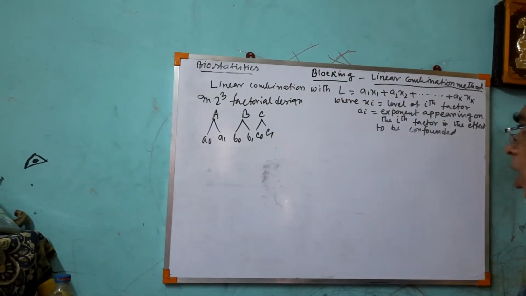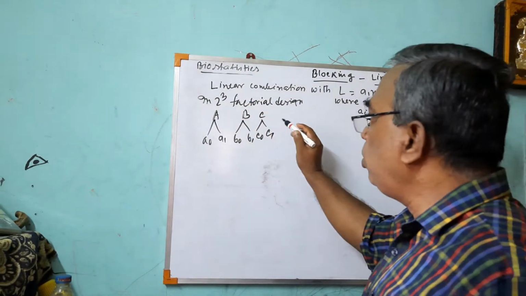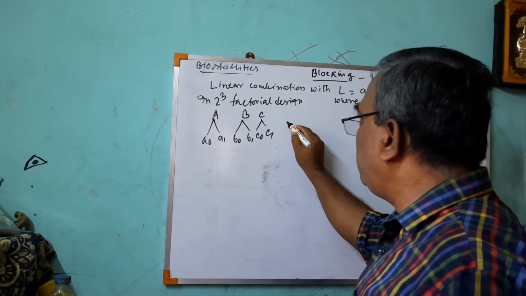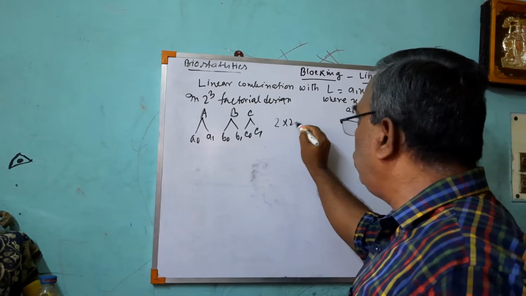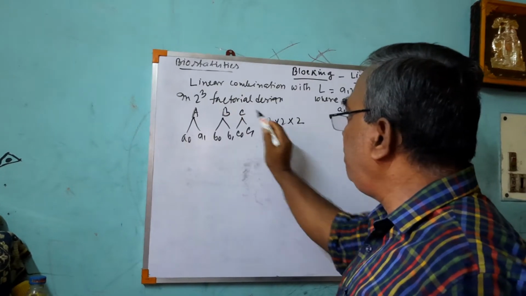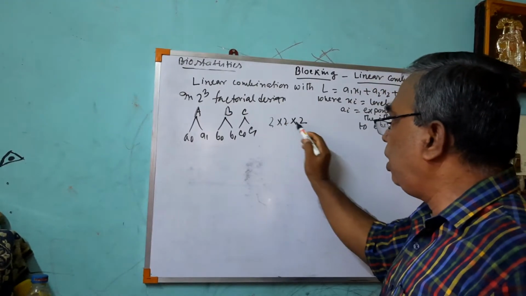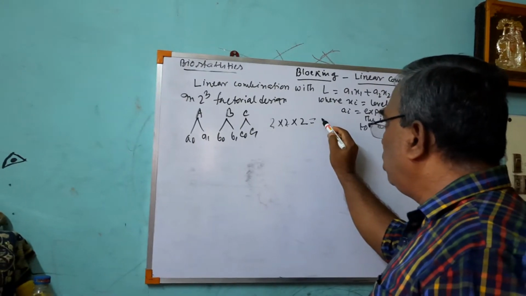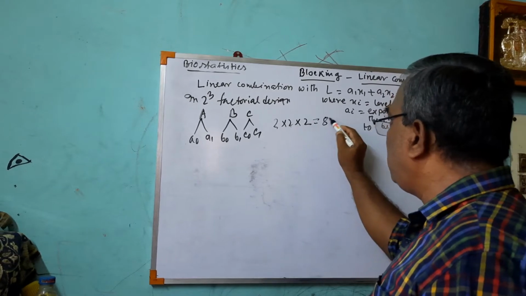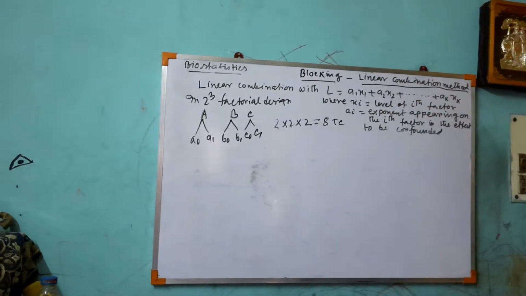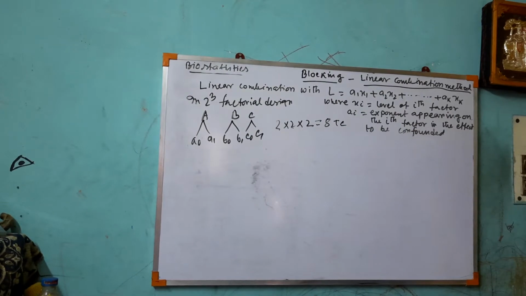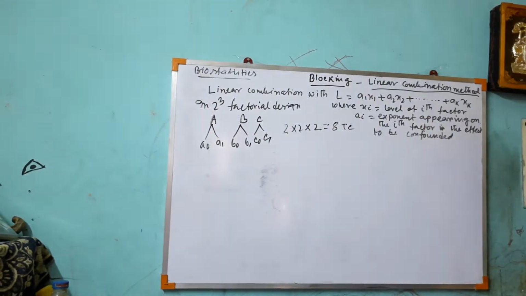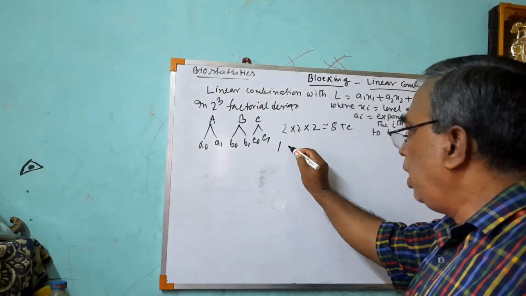So how many treatment combinations? 2 to the power 3 means 3 factors, each at 2 levels, that is 2 into 2 into 2. A factor has 2 levels, B factor has 2 levels, C factor has 2 levels. Multiplying, 2 2s are 4, 4 2s are 8, so there are 8 treatment combinations.